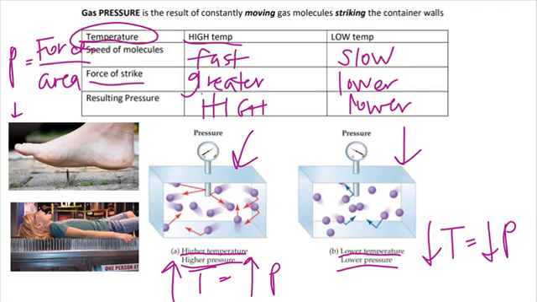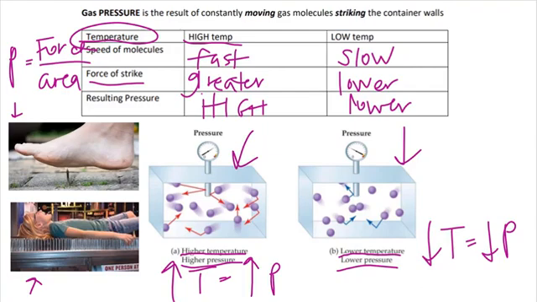But if you look at this bottom picture, again, we have the whole body weight, but it's distributed amongst all of these nails, lots more nails, so a lot greater area. And so because that pressure is distributed, it's a whole lot less pressure.